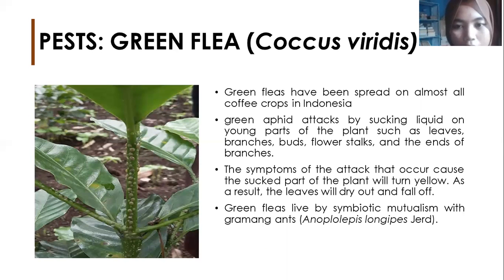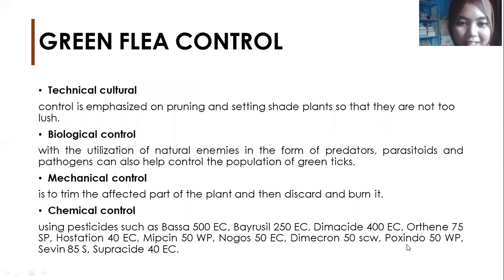As a symptom of the attack, the sucked part of the plant will turn yellow. As a result, the leaves will dry out and fall off. Green fleas live in symbiotic mutualism with ants, and next.